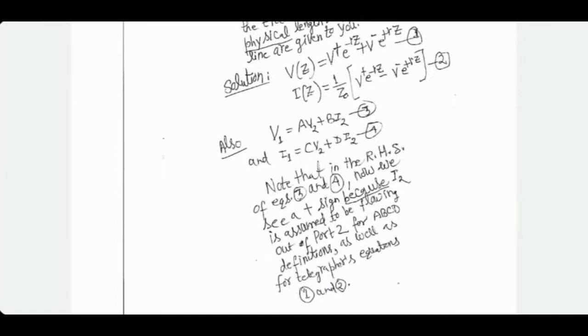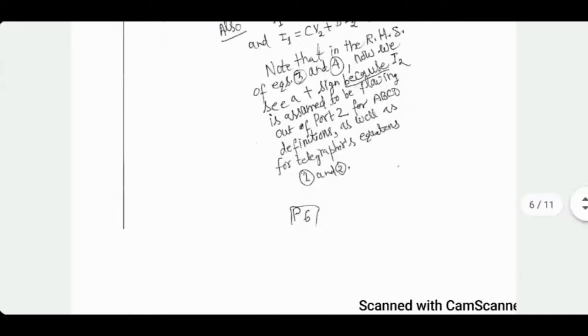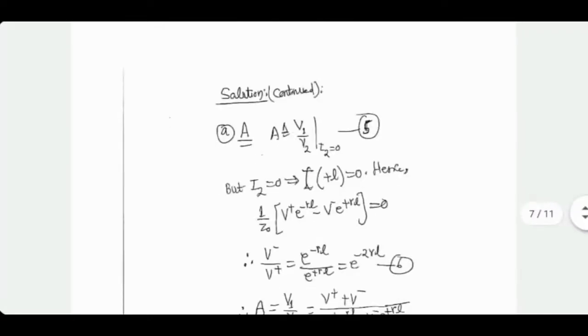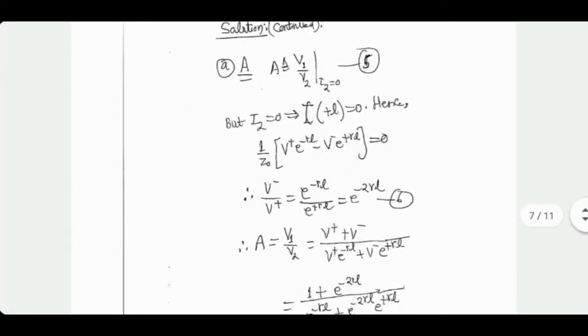Sorry, A will be V1 divided by V2 when I2 is 0. And I2 equal to 0, we have already figured out in the previous problems. It gives us equation 6. So I use the ratio of V1 and V2 now, along with information in equation 6.